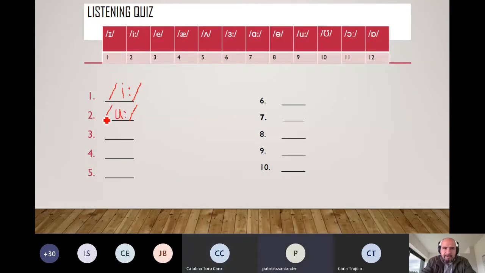For the next one? 3. Exactly. Threat. For the next one? 5. Correct. The wedge. For the next one.